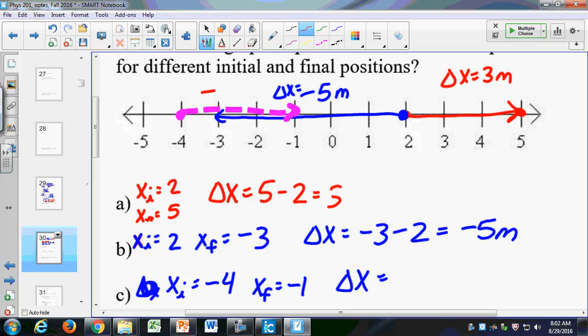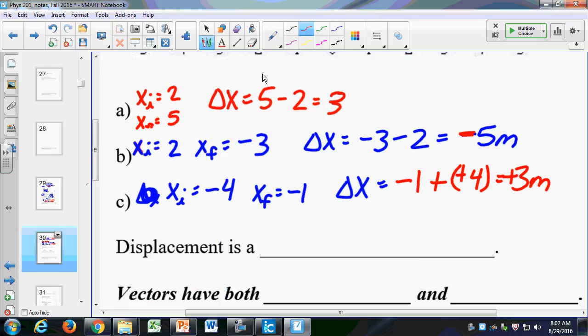So that's going to be +3. That's -1 minus a -4. This becomes positive. 4 minus 1 is 3 meters. Okay? So we've introduced these signs. Here I had a positive, here I had a negative, and here I also have a positive.